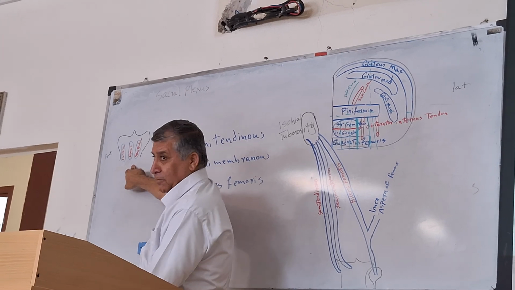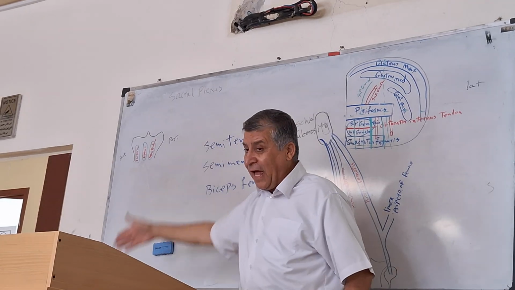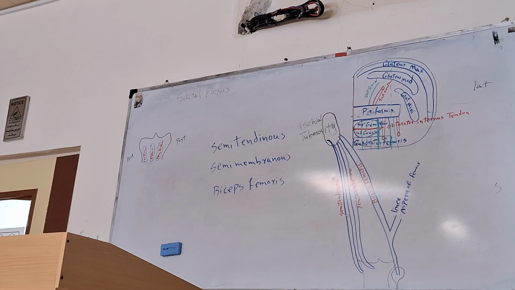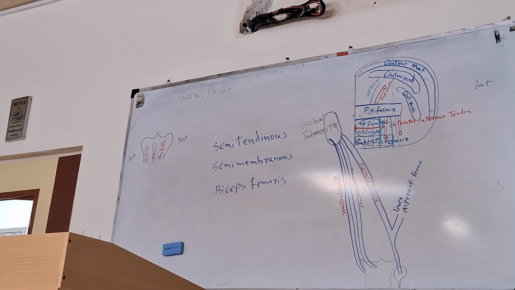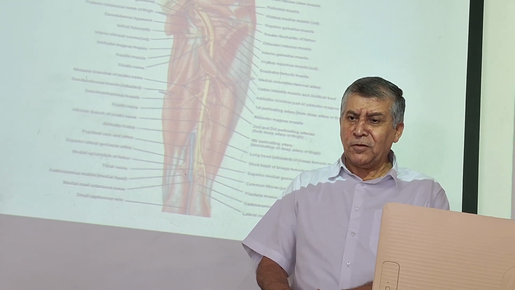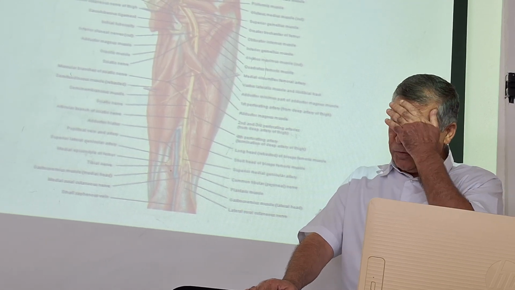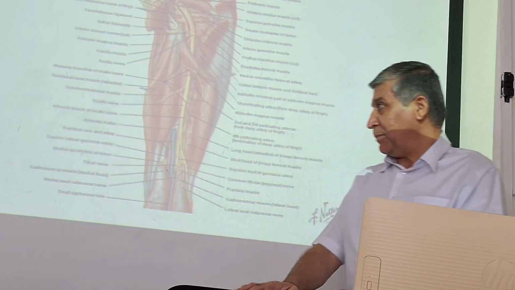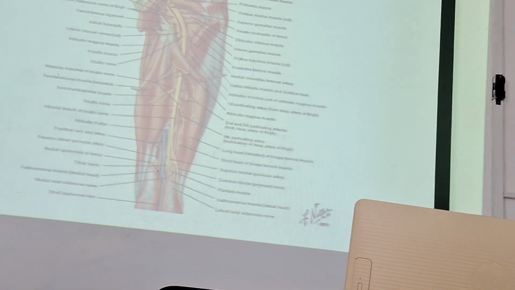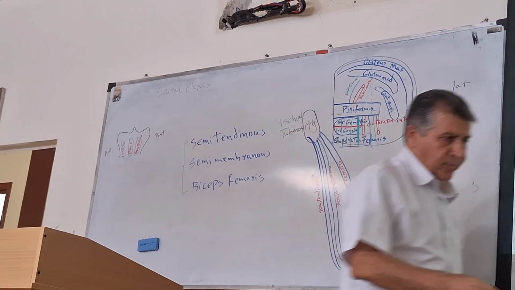One muscle from the medial compartment, gracilis, and one muscle from the posterior compartment, semitendinosus, attach to this area. Yes, it's the same attachment.